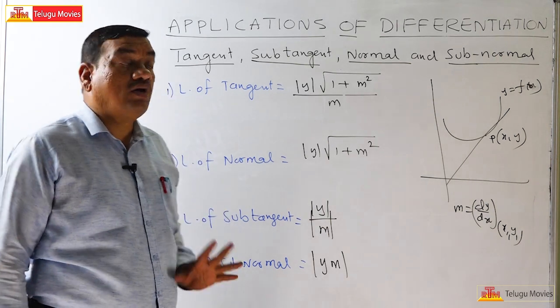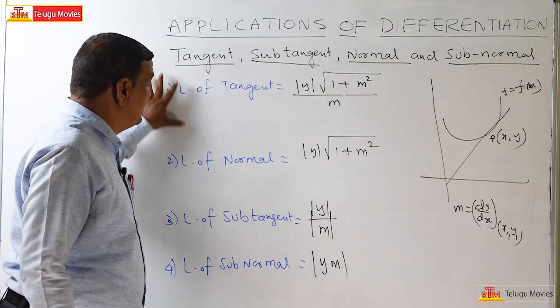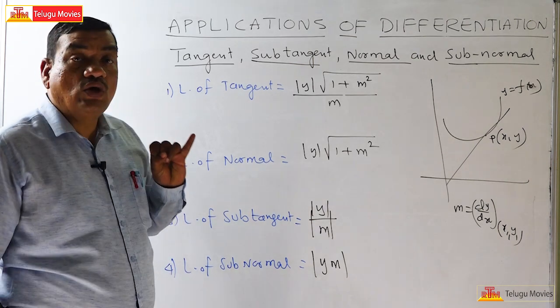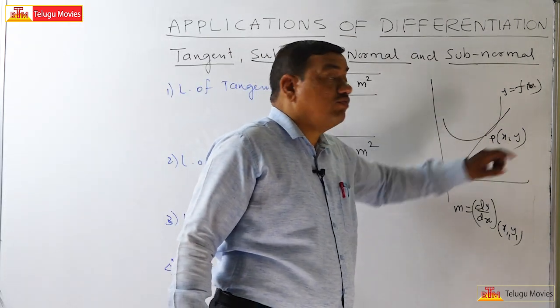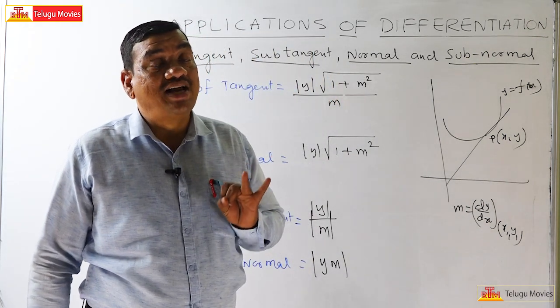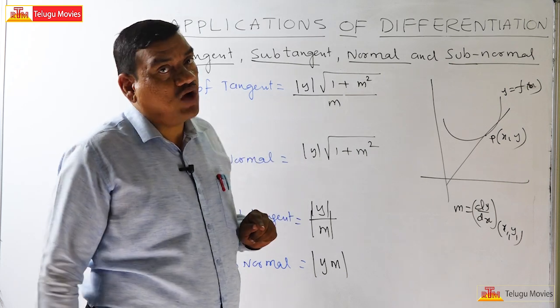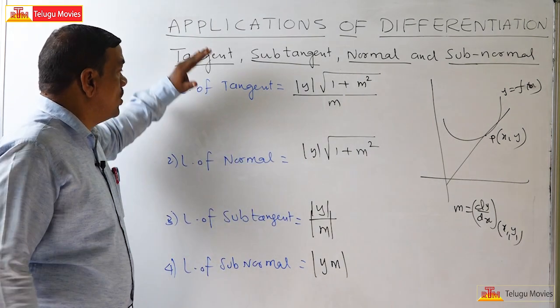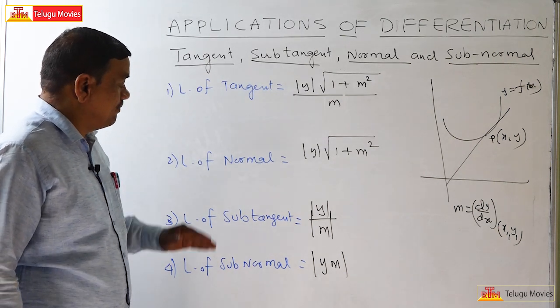That means to find the length of the tangent, normal, subtangent and subnormal, we need the y coordinate of the point of contact, and the slope of the tangent at that point. If you know those two values, we can find all of them.